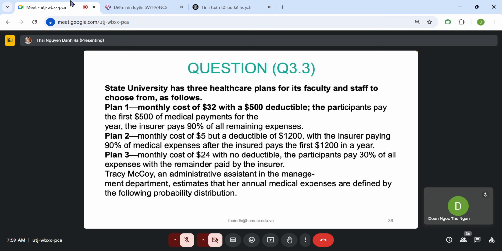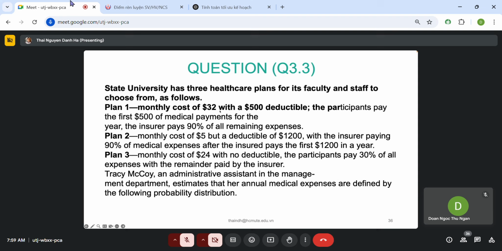So for the decision tree, we need to put all values in the same time frame or same period. And what we have here is just the monthly cost. It means for a year, we need to multiply the cost by 12.